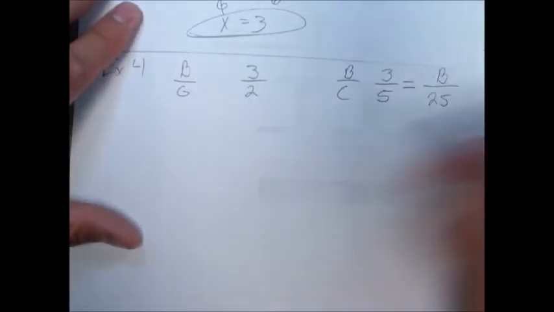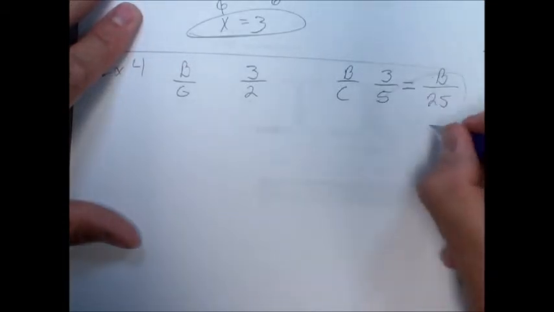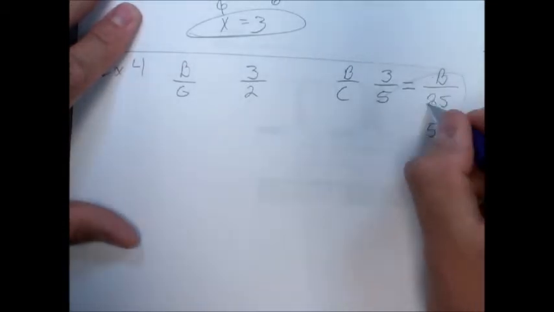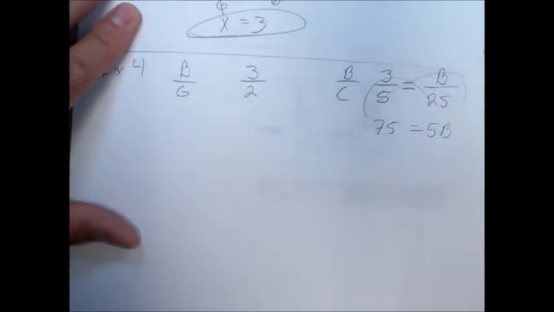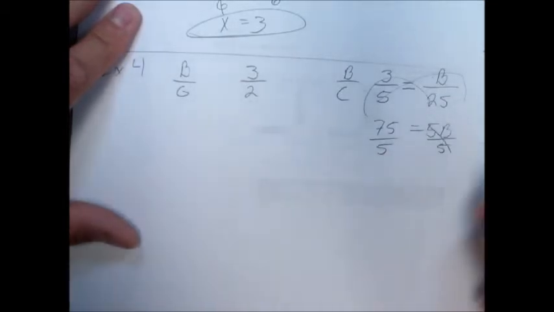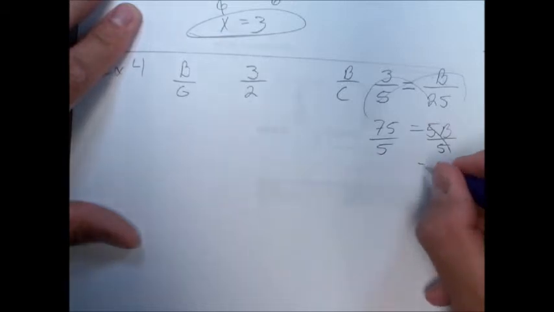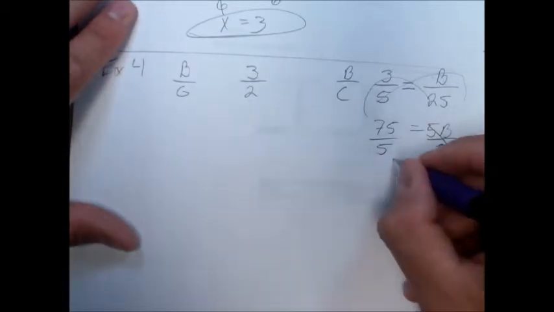So I'm using b, and now all I have to do is the cross product rule. So 5 times b, which is 5b, 25 times 3, which is 75, and then I'd put my equal sign down there. Divide it out by 5. 5 goes away, and I'm left with b being equal to, what is that, 15.